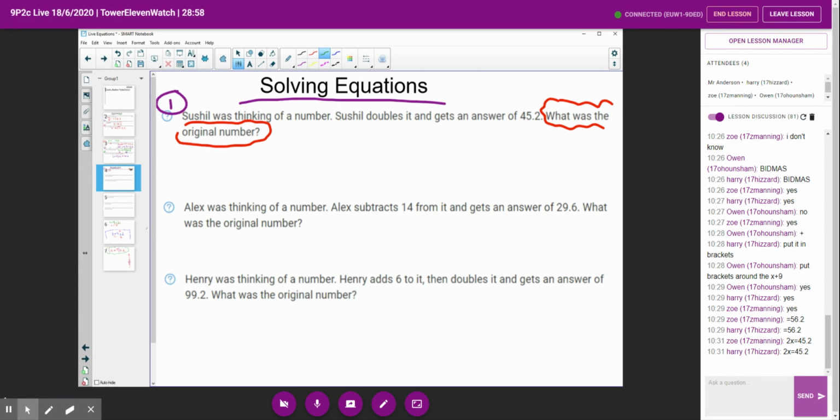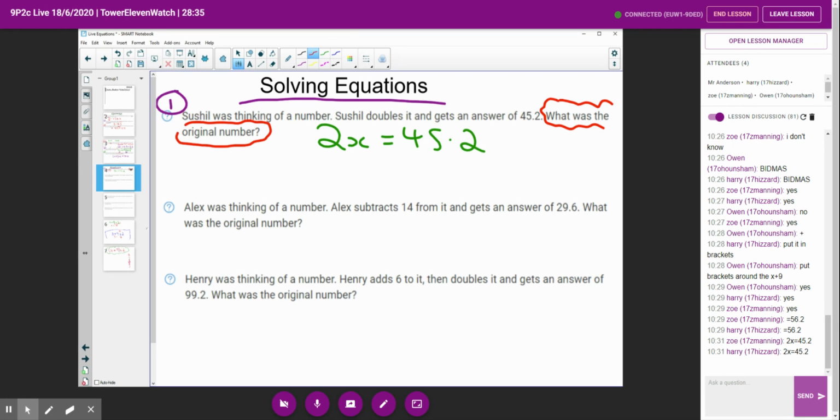Absolutely perfect, guys. Well done. So she's doubling. That means timesing by 2. So well done. You've written 2x as the better way of saying x times 2. And that gets us an answer of 45.2. So brilliant. You've written the equation. You've done what we did in the last bit. But now let's look at the red bit.